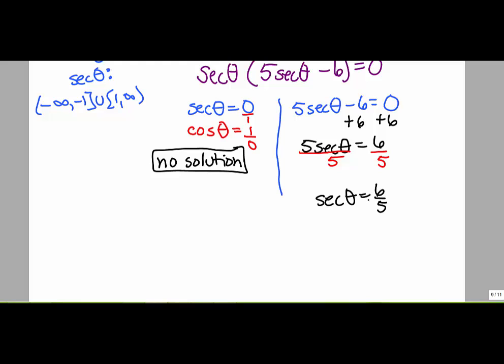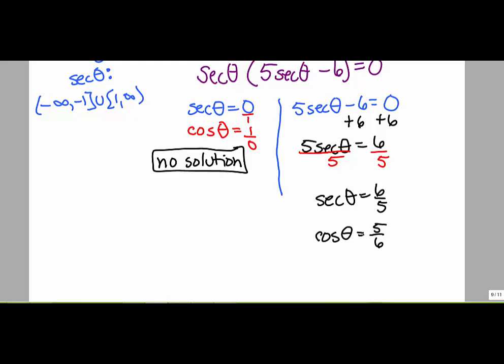Secant theta equals 6 over 5. That's not a value for secant that I'm familiar with, so let's change it to be cosine and see if that looks more familiar. The same angle that has a secant value of 6 over 5 would have a cosine value of 5 over 6.